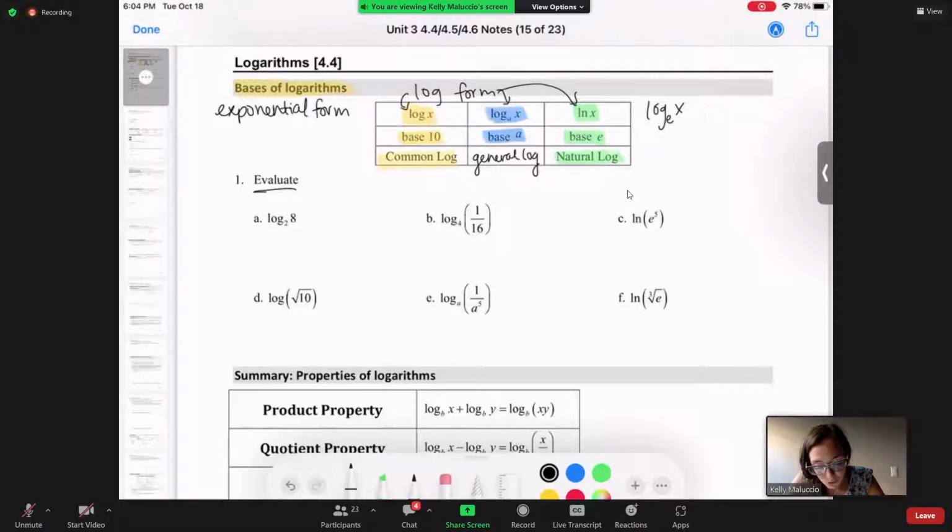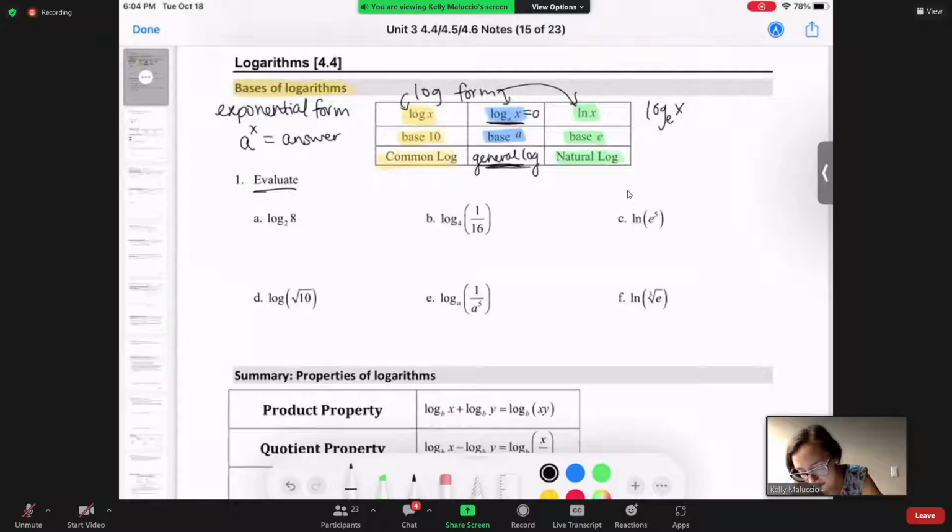So exponential form, if I'm thinking of the general log, because that's going to be the easiest here, is base to the exponent equals my answer, is how I always say it. I'm using log base A of X to say this is the same thing.